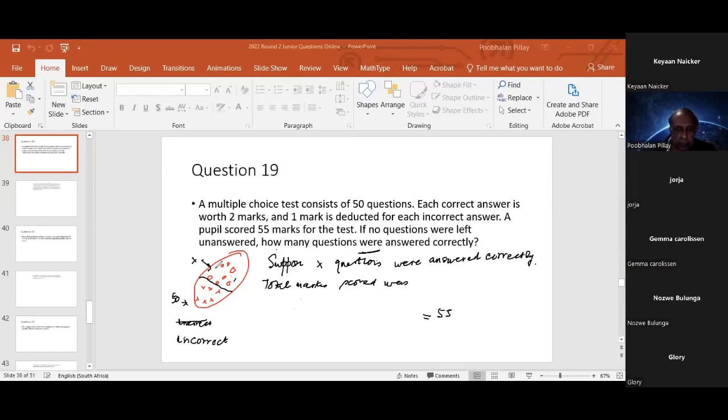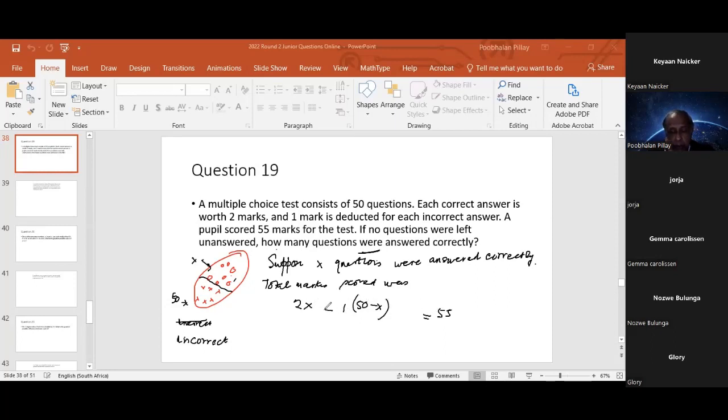So these questions would have earned 2X marks. But these remaining 50 minus X ones, you were penalized. 1 mark was subtracted for each one of them. So the total number of marks subtracted is 1 times 50 minus X. Each time you give a wrong answer, you subtract 1 mark. So there it is. You got an equation.